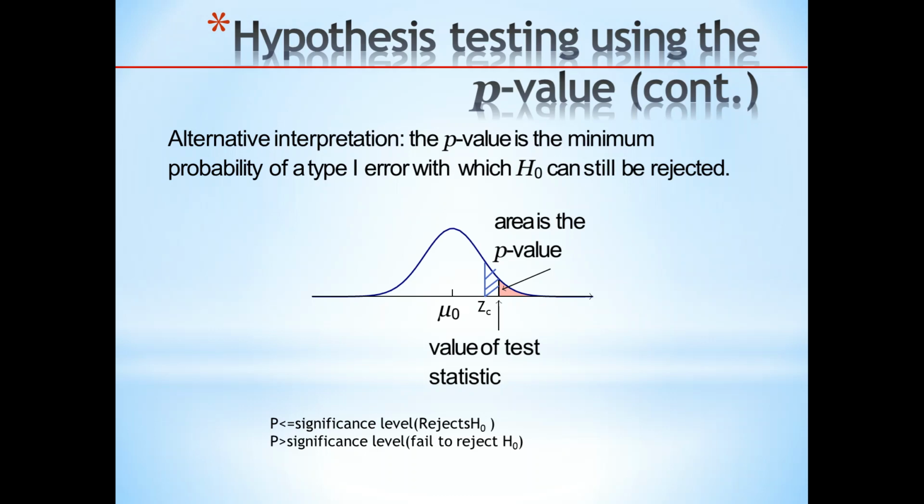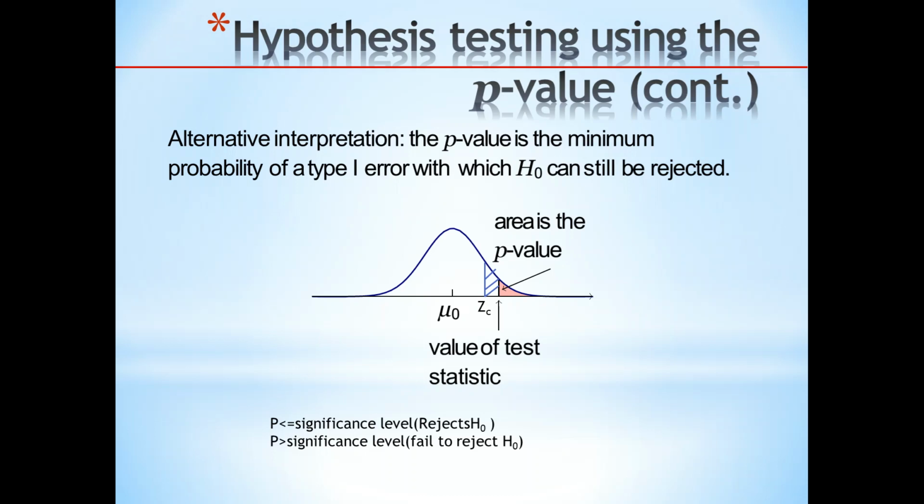Now, p-value is the probability of getting Z more extreme, right or left, than the given data. To find the p-value, first of all we have to look for Z, and from there we have to travel towards the right, and the area covered is the p-value.